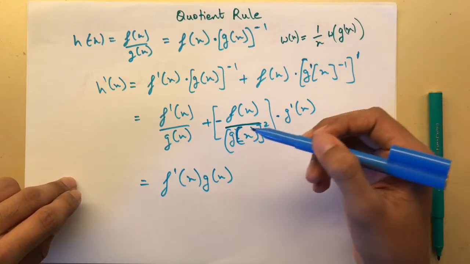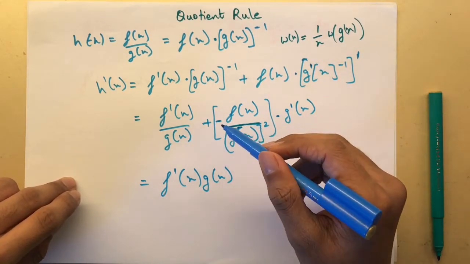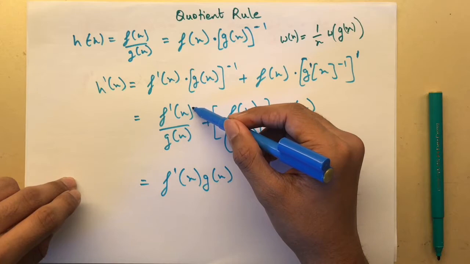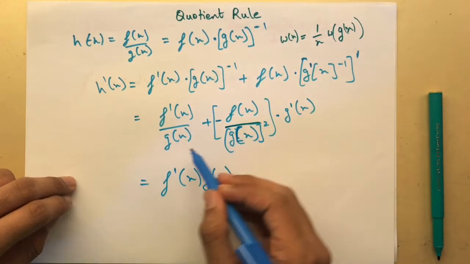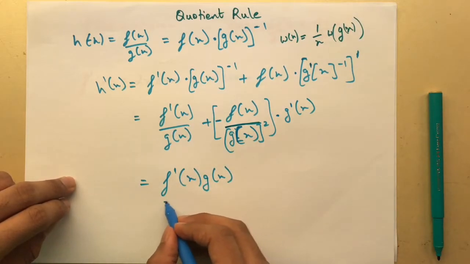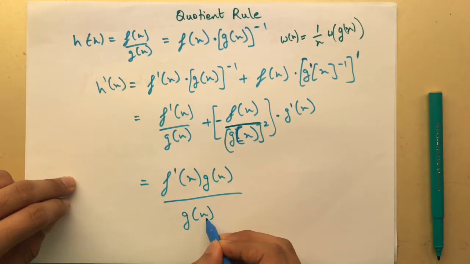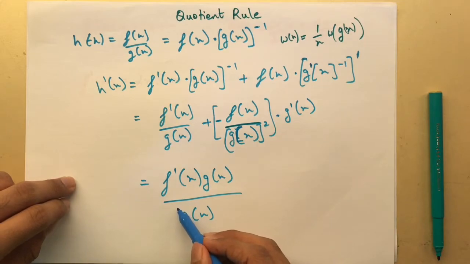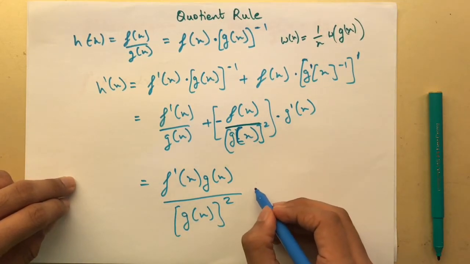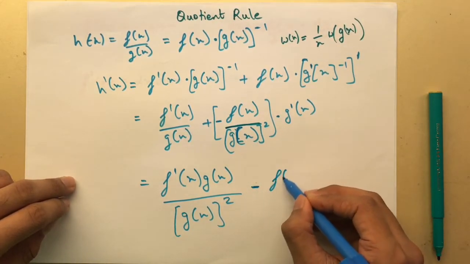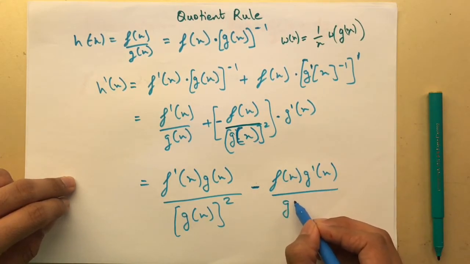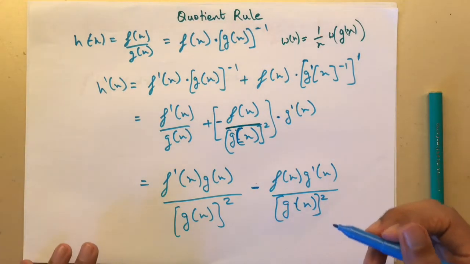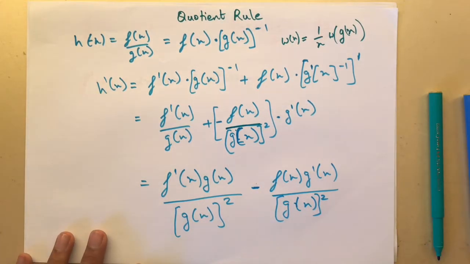So if we take the LCM of the two fractions over here, that would be to multiply the numerator and the denominator by g of x to make the denominators of both of them equal. We would get something like g of x times f dash of x upon g of x squared minus f of x times g dash of x upon g of x squared. And this is exactly what the chain rule is. So I'm going to write it down in terms of u and v.